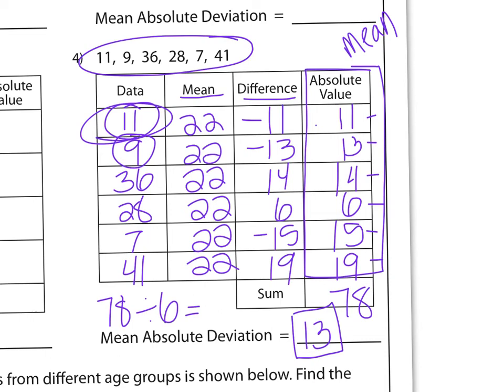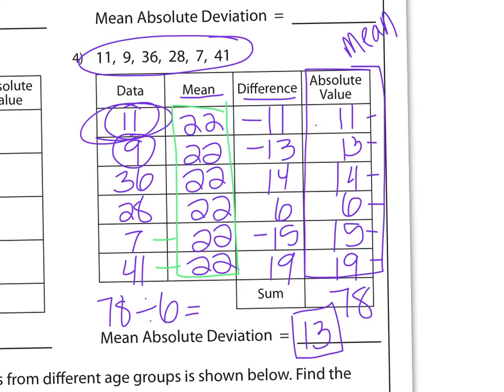So to review, to find the mean absolute deviation, we started by figuring out the mean of the data points. Then we figured out how far each data point was away from the mean. For example, this data point 41 minus 22 is 19, so that data point is 19 points away from the mean. 7 minus 22 is negative 15, so that is 15 points away from the mean.